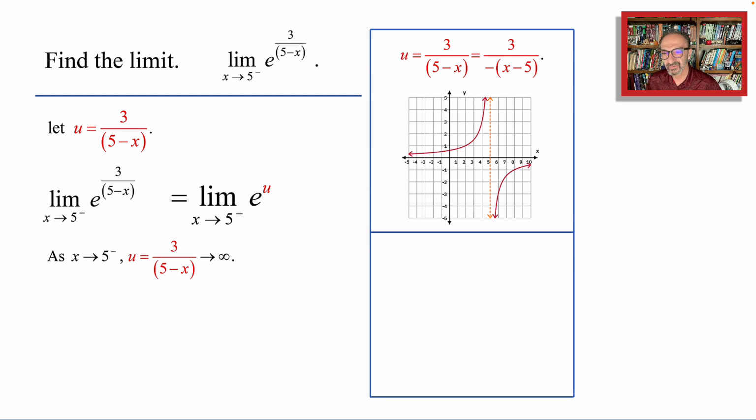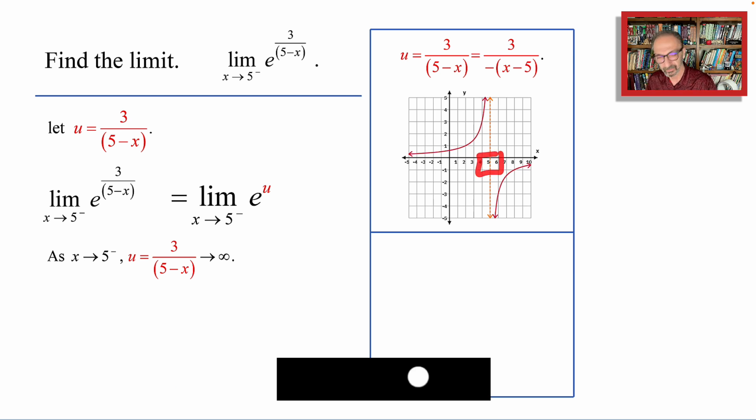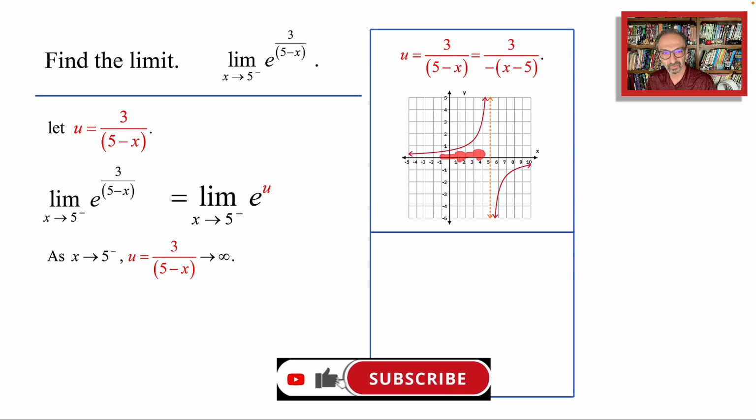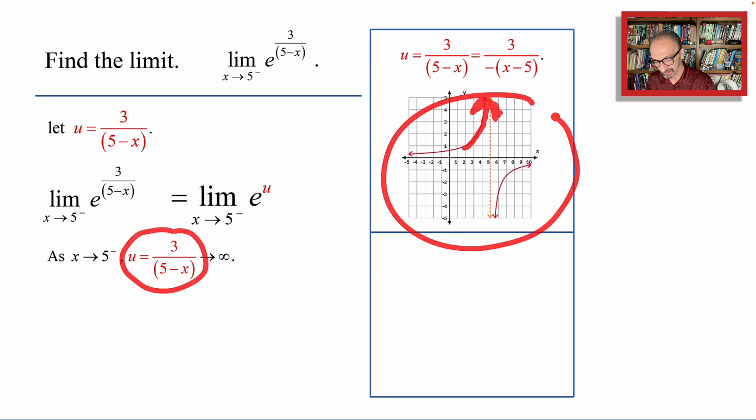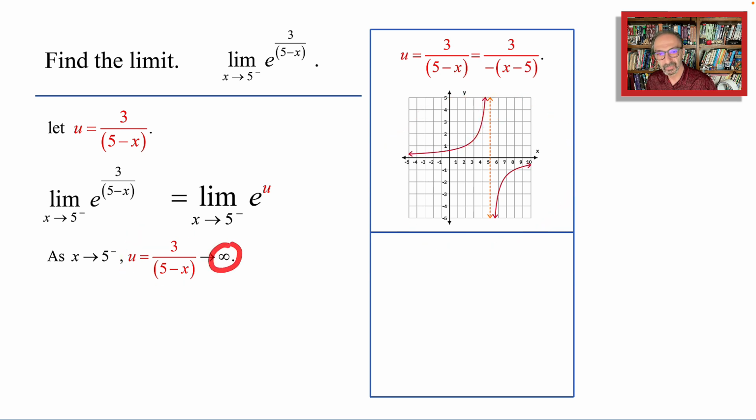As x approaches 5 from the left, this is 5 right here. As you approach 5 from the left, not from the right, what happens to your function values? You're going to go all the way up. So this u function that is graphed right here is going to go up to infinity.